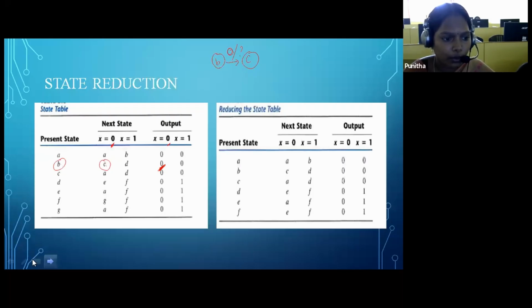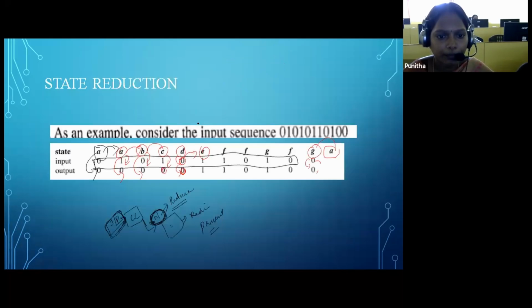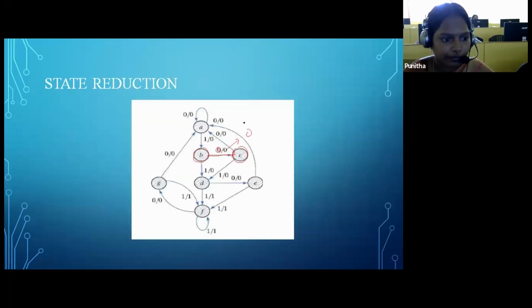Next, I need to look at the same state for the input 1. The present state is B, the next state is D. The input passed in between is 1. Then what will be the output? I need to look at the diagram. Between BD, 1 should be present.